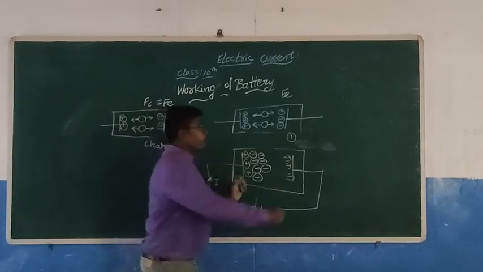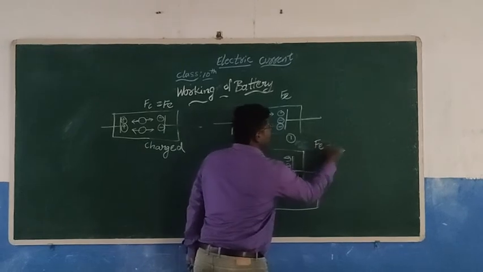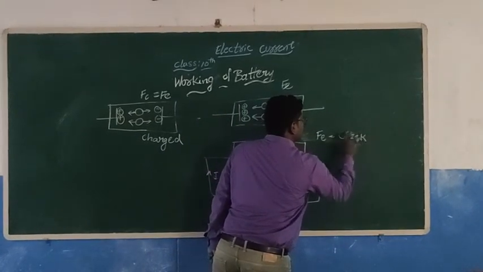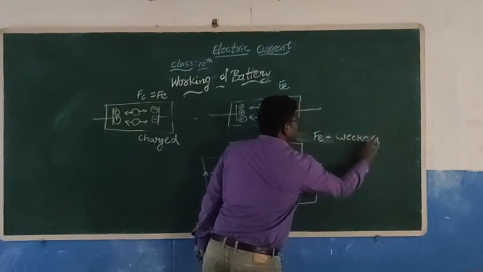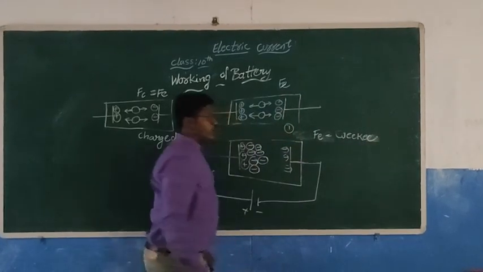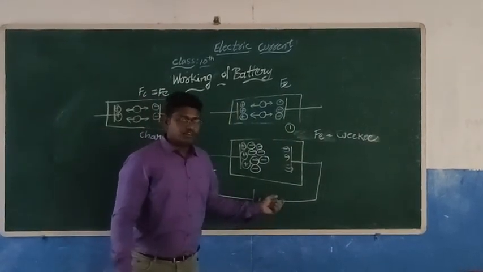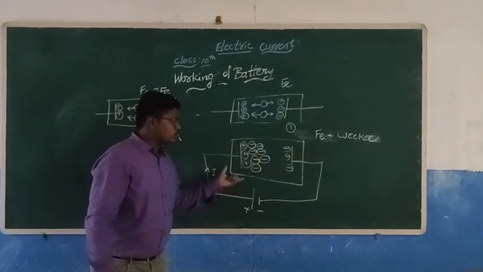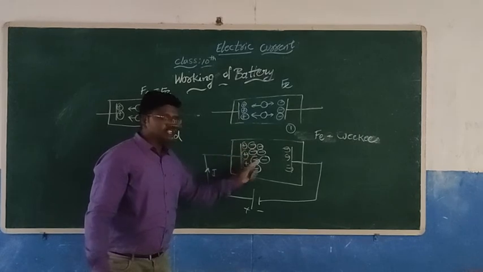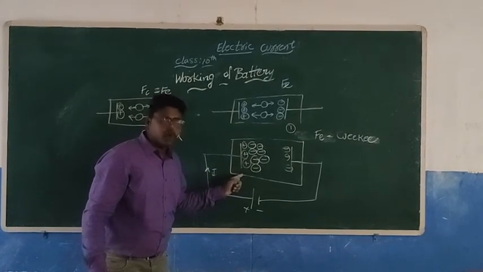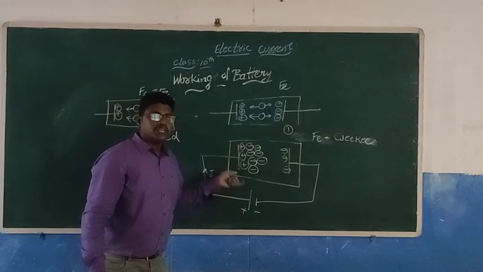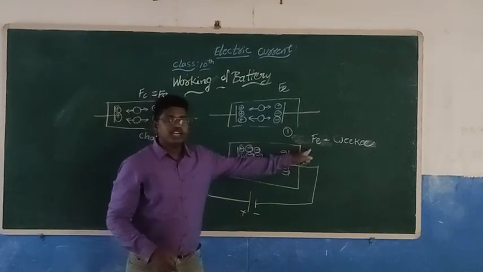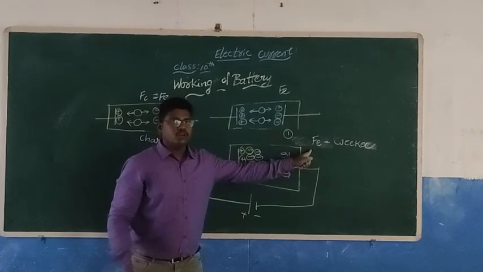Due to that, chemical force, electric force also weaken. So whenever you connect an external voltage source to the battery, the negative charges are attracted towards the positive plate, the positive charge loses strength, and the electric force also weakens.